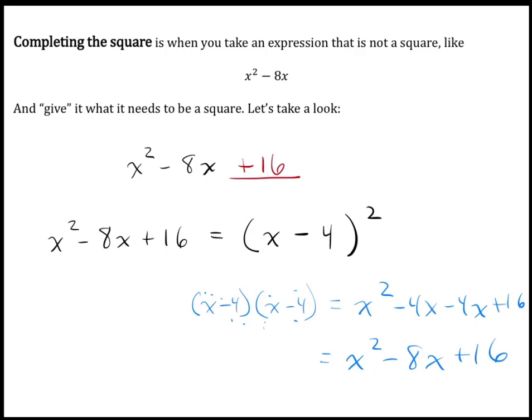It is x minus 4 squared. So that relationship, if a trinomial is a perfect square, then the constant term will be the square of half of the coefficient of the linear term.